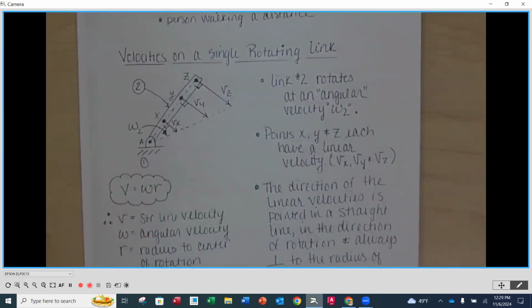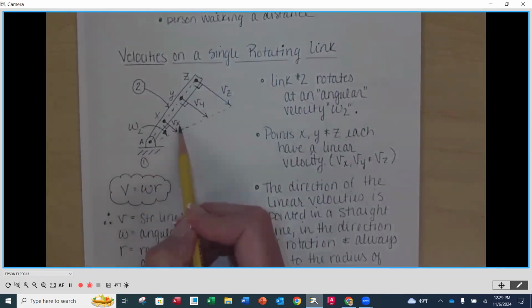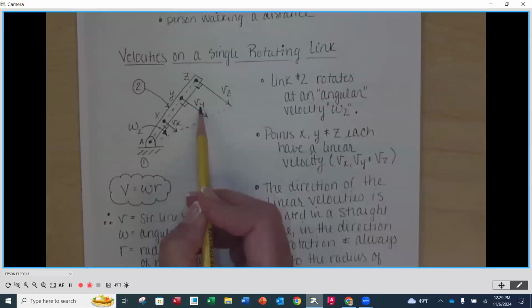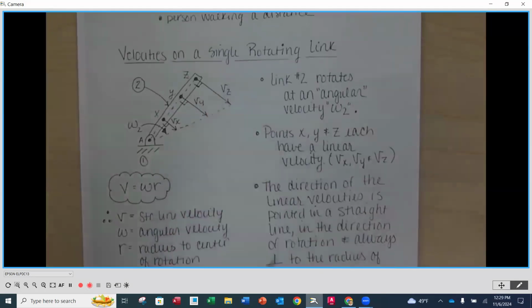The linear velocity Vx is right here, linear velocity Vy is right here for point Y, and then Vz for point Z. So it's the velocity sub whatever point it's around: X, Y, and Z.